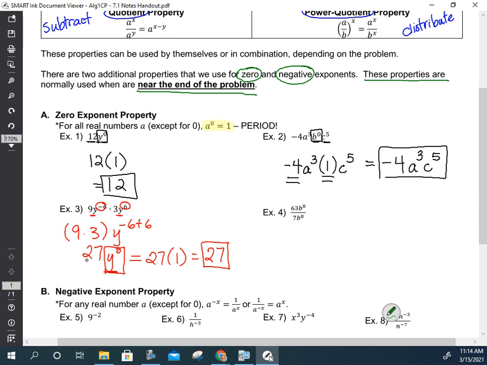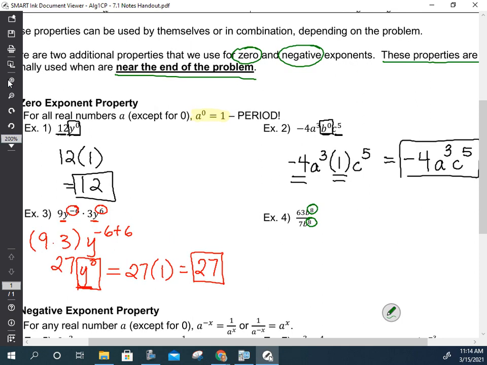So 63 b to the 8th divided by 7 b to the 8th. We can't have 2 of the same variable in the problem. So, what are we going to do? The exponents. What are we going to do with those 2 exponents?